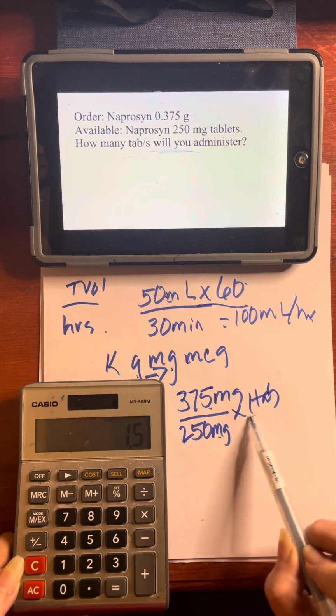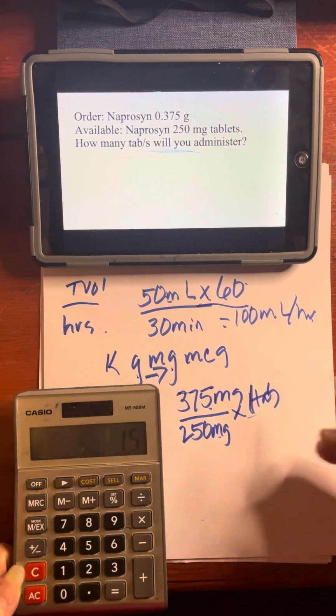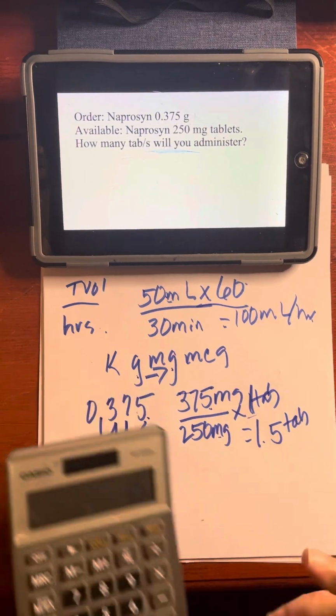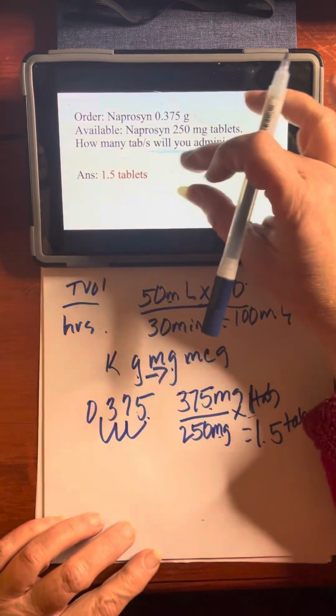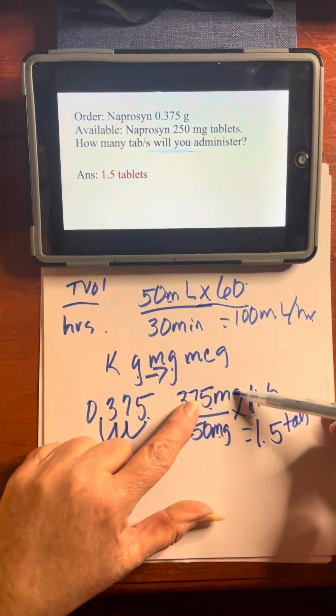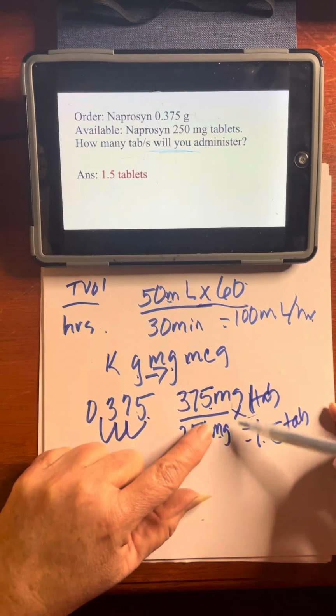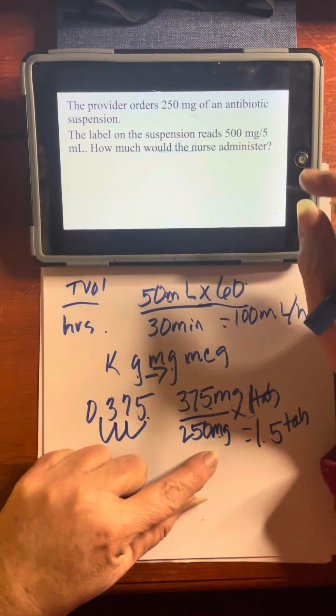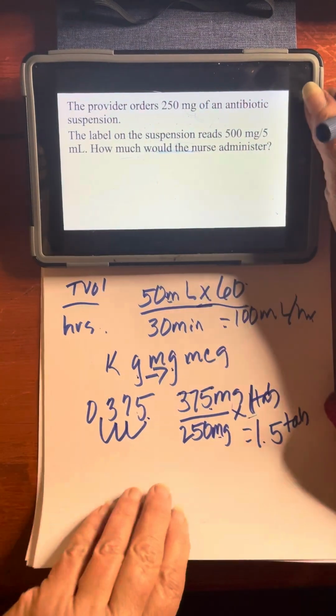And then if there would have been something else besides a 1, we'd have multiplied it. But we're going to give them 1.5 tablets. Look here. Yes, we are. Remember, to go in this fraction, they got to have the same last name. So if the dose order and what you got on hand don't have the same last name, changes must be made.